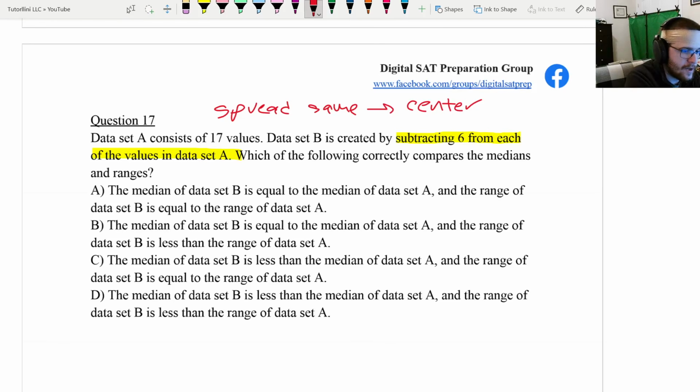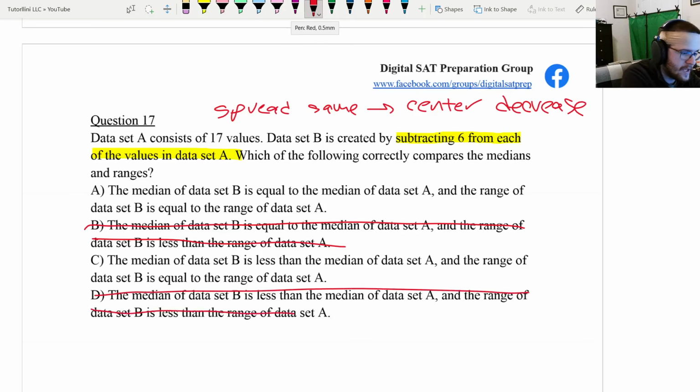So the center will go down. It will decrease. So is there any that say the range changes? B says that, because that's spread, right? And range, and D says that. We want one that says the spread or the range is the same, equal.